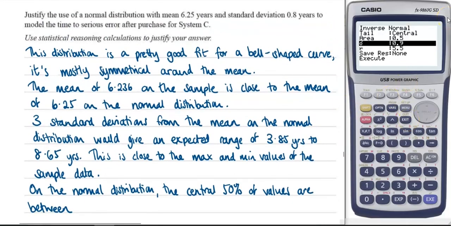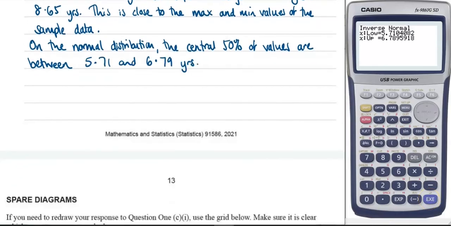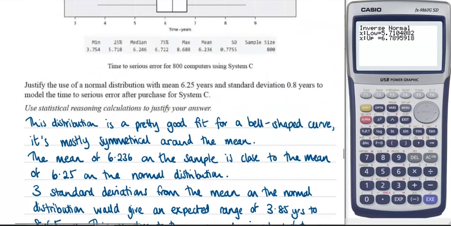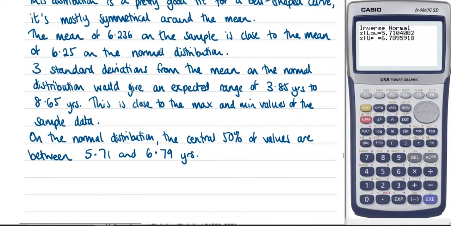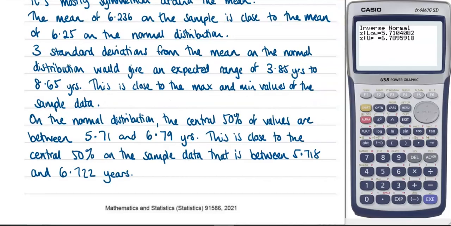We want the standard deviation to be 0.8 and the mean is 6.25. Okay, so that's between 5.7 and 6.7. Compare that to the data, and we've got our 25% at 5.7 and our 75% at 6.7, so pretty close. And now we'll just finish with a statement that the normal distribution appears to be a good model.